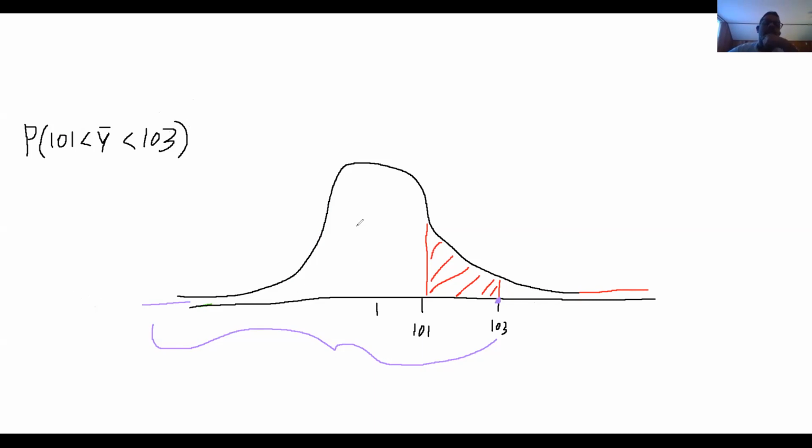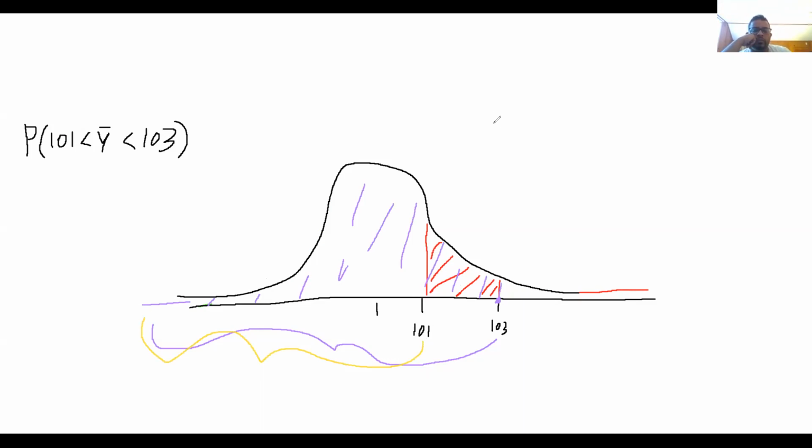I give you all this area, and I stop at 103. So what you need to do is, after you find all this purple area, say okay, I have more than I need. Now let me find this yellow area here, up to 101.